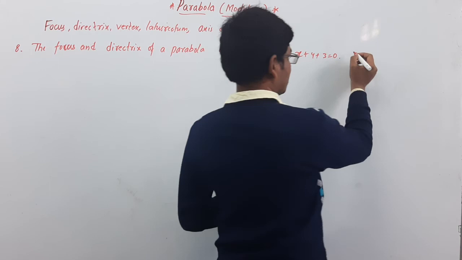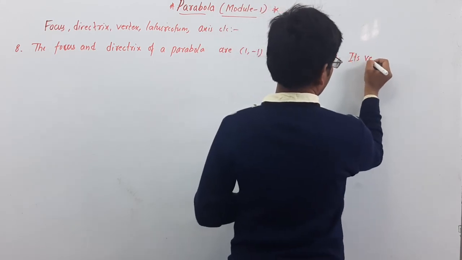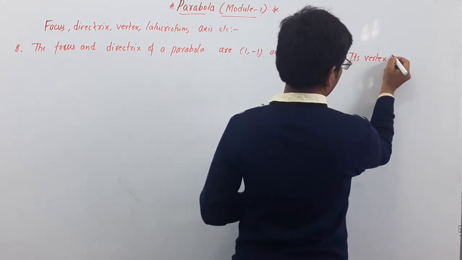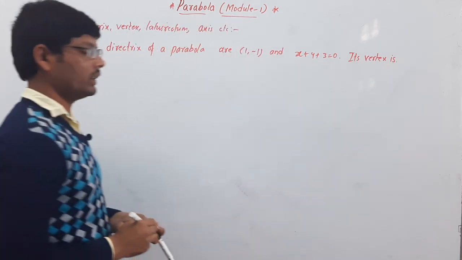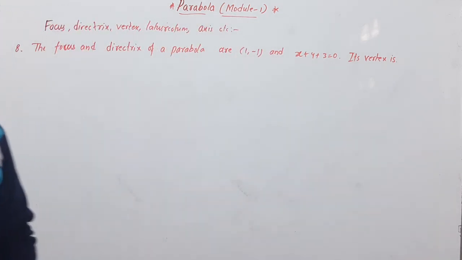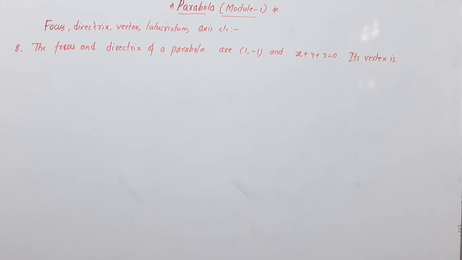Its vertex is here. This is the question given, and if you look at this question, the focus and directrix of a parabola are (1, minus 1) and x plus y plus 3 is equal to 0, and its vertex is also asked.